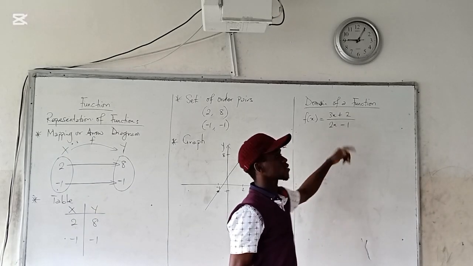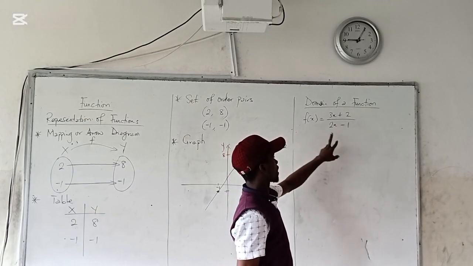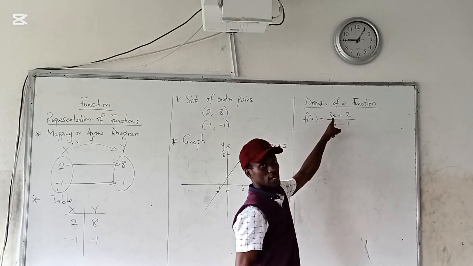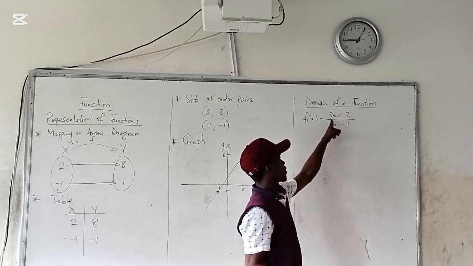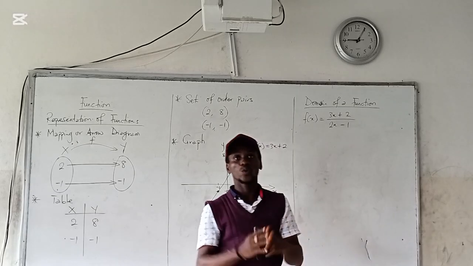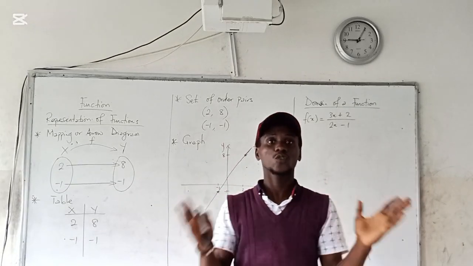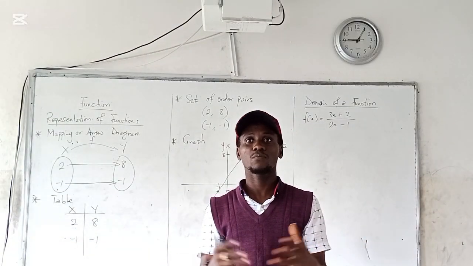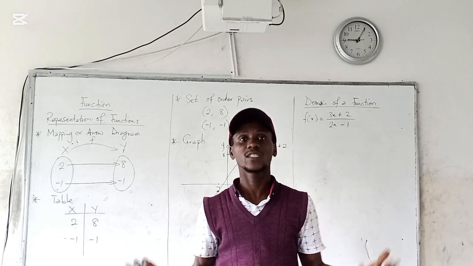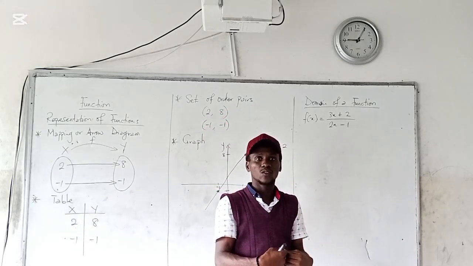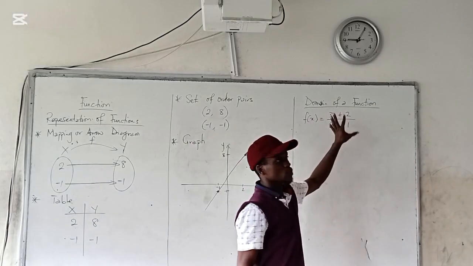Why? Because there is a number that, if you substitute it here as an input value, then this function will not exist. In mathematics, we say the function is undefined. So we have to find a number that will make this function undefined.